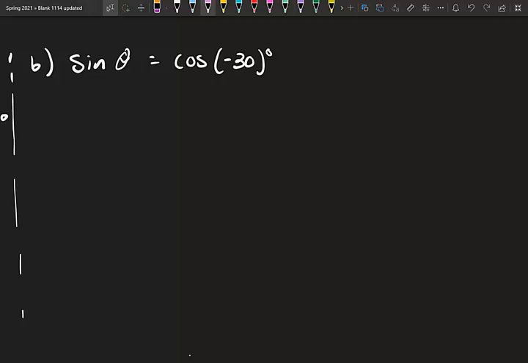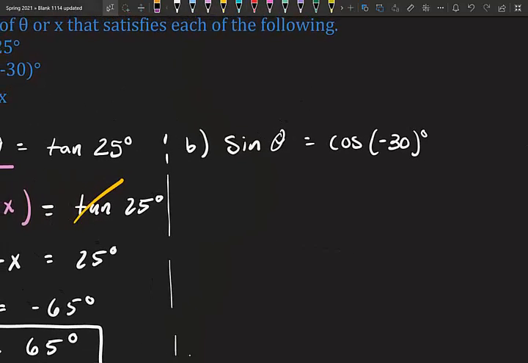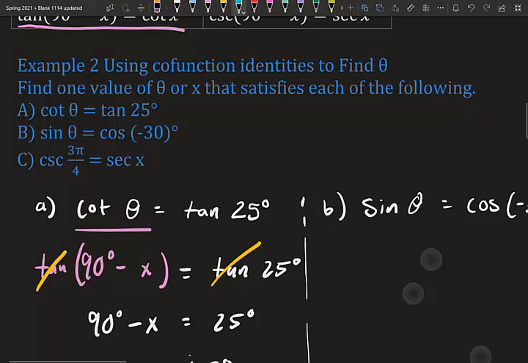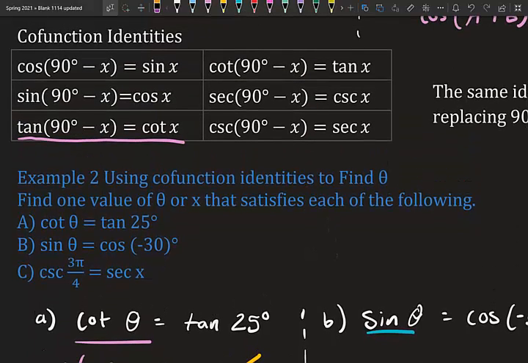Welcome back. So because we have sine theta equals cosine negative 30, let's look at our cofunctions and replace sine theta. We replace sine theta because it doesn't have any numbers there. So if we look at sine theta equals cosine 90 degrees minus theta.